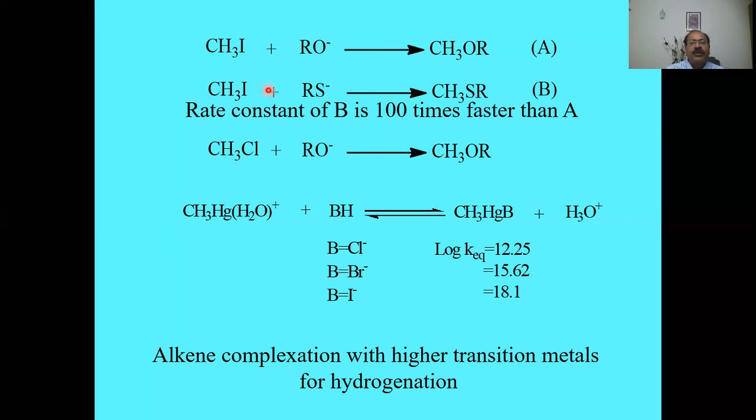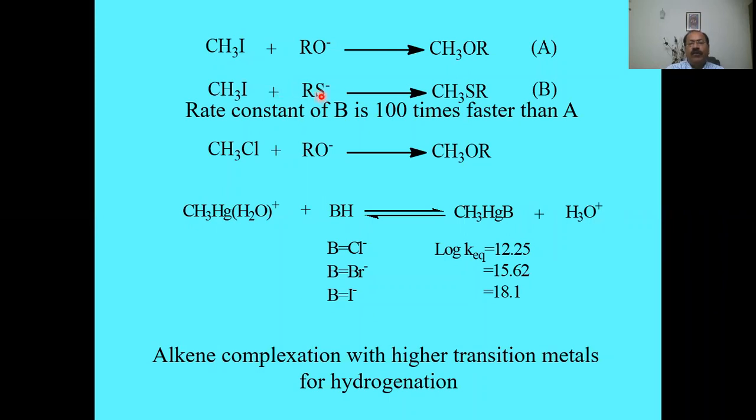Why? Because this is a softer electrophile and the reaction with a softer nucleophile is much faster. Same is true about ether. And another reaction, of mercuric salt with HCl, HBr, and HI, you can easily explain based on our hard soft acid base principle.